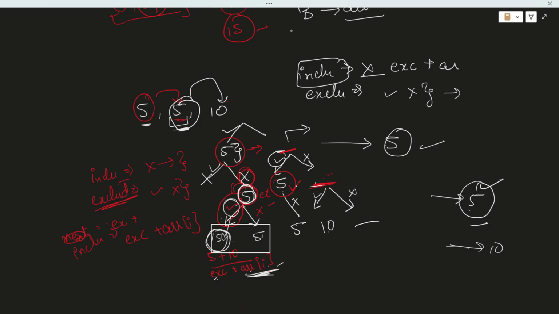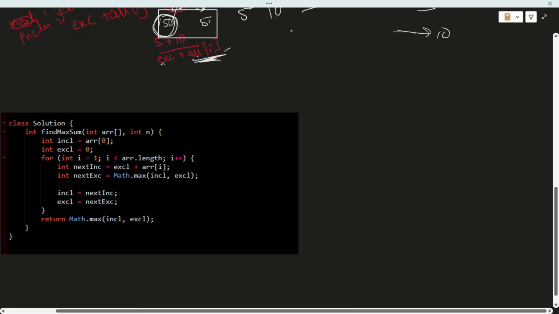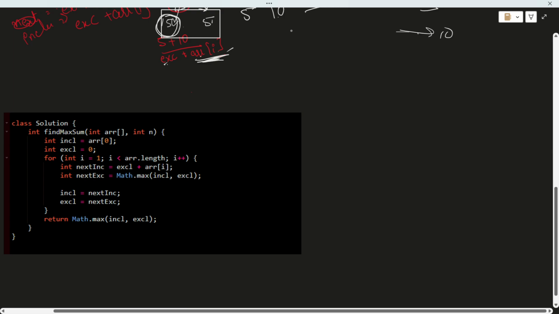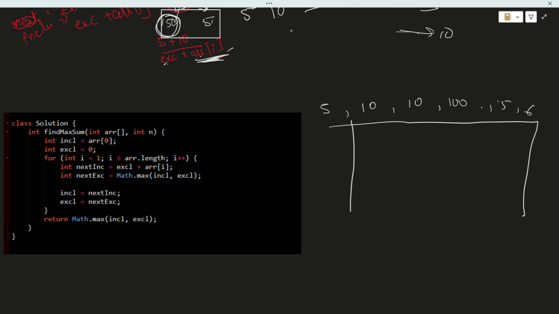Okay, so let me generate a table for you so that you can have more understanding about this. This is the code, but before that I'll write a table for you over here. Suppose I have the values 5, 10, 10, 100, 5 and 6. Okay, these are the values. I'll make a table over here, right?